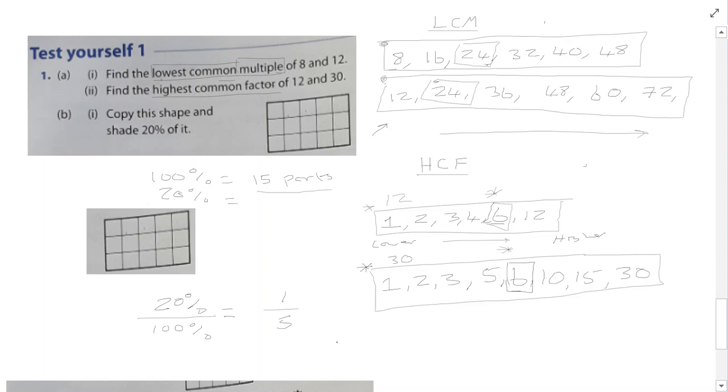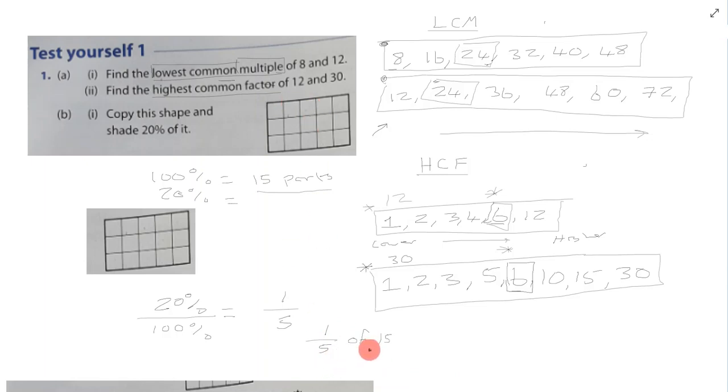So now we have to find out what is 1/5 of 15 parts. How do we do that? If you want to get a fraction of a number or a fraction of a quantity, you divide. We want to get 1/5 of this quantity 15, because we have 15 parts here.